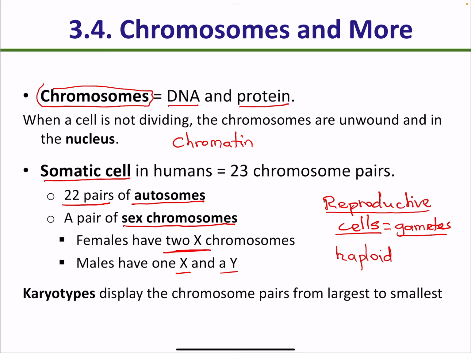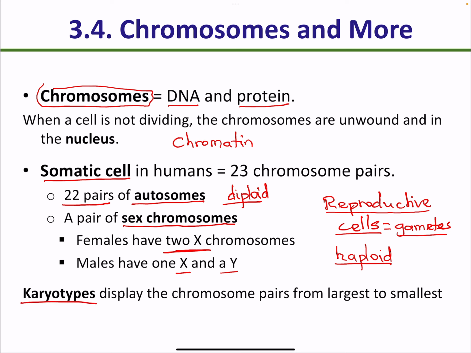They are haploid because they only contain half the number of chromosomes, while the somatic cells are diploid because they have 2 times the 23 chromosomes.